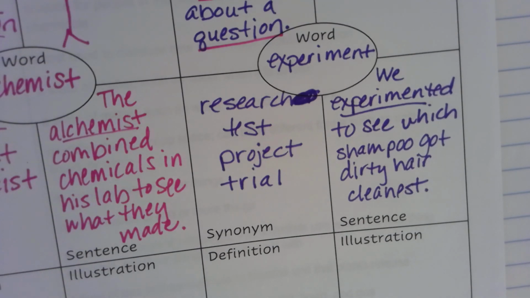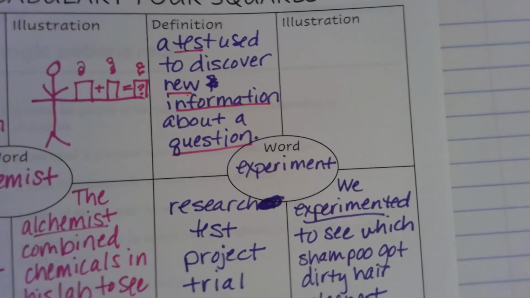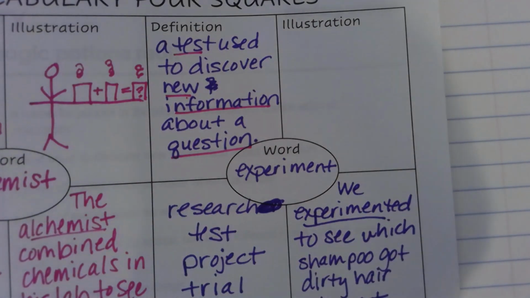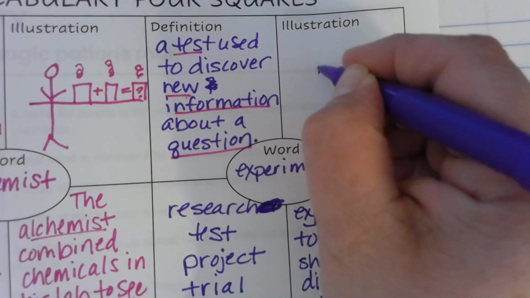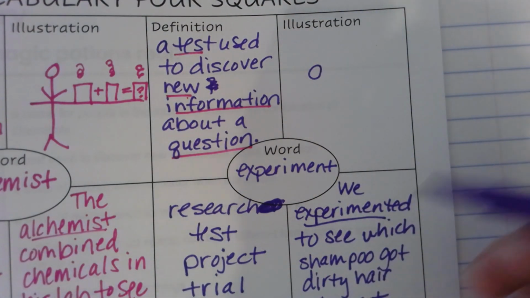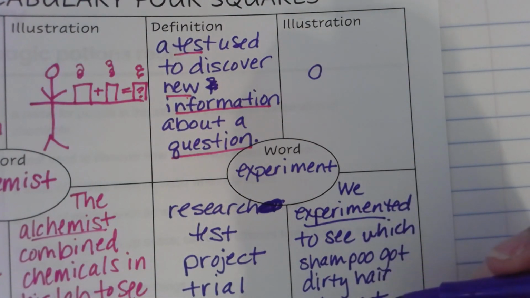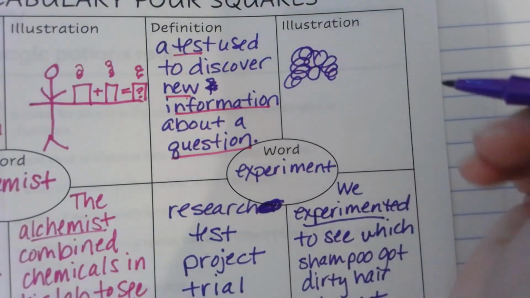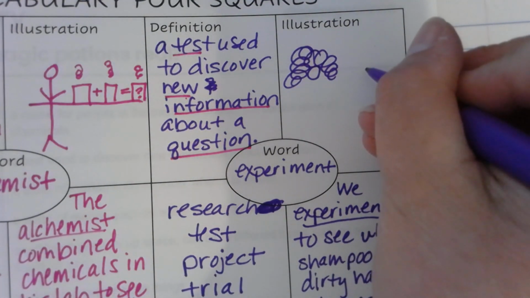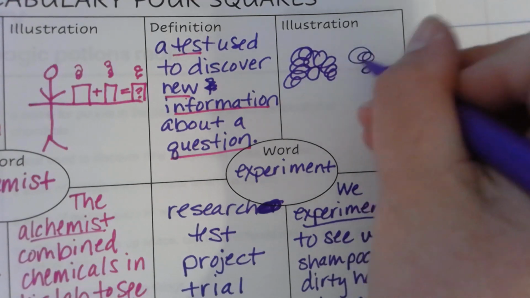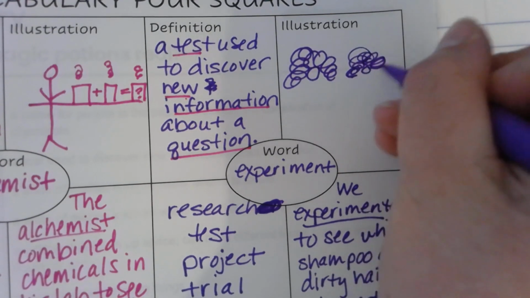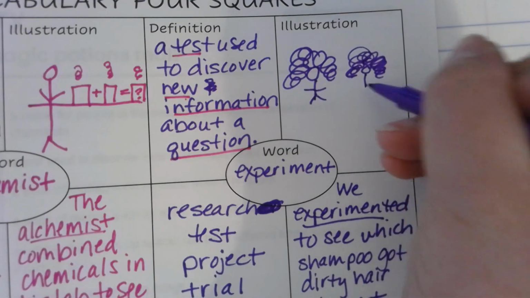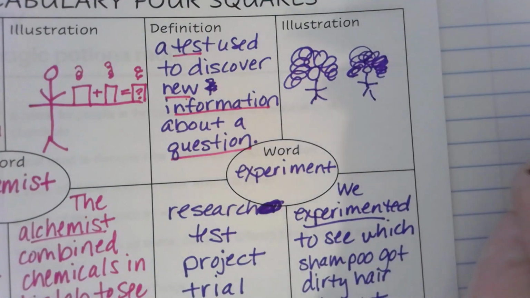All right. So, last but not least, listen, Lindis. All right. So now I'm going to, let's see, I said we experimented to see which shampoo got dirty hair cleanest. So I'm going to draw somebody with some hair. And I might just do those like big rainbows, that's dirty hair. Okay.